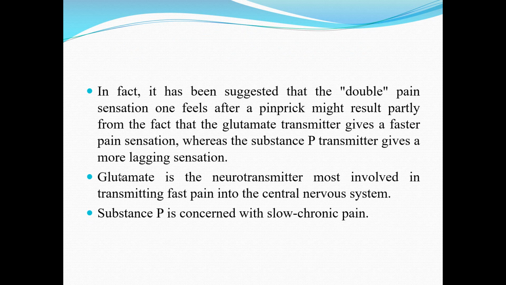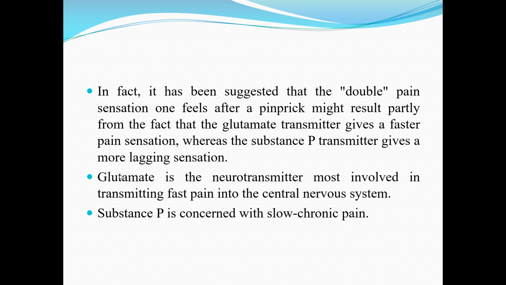In fact, it has been suggested that the double pain sensation one feels after a pinprick might result partly from the fact that glutamate gives a faster sensation and then later on substance P gives the lagging sensation.